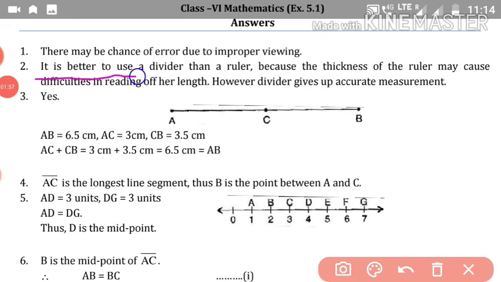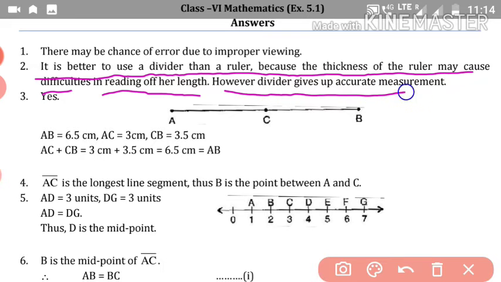It is better to use a divider than a ruler because the thickness of the ruler may cause difficulties in reading the length. However, a divider gives us an accurate measure. A divider will give us a more accurate measure than a ruler. So this is your answer number 2.